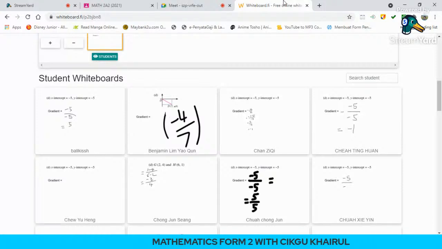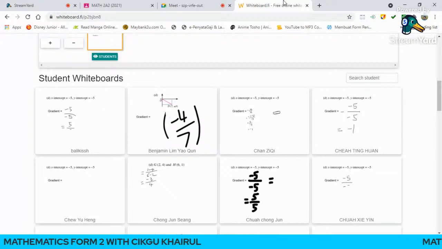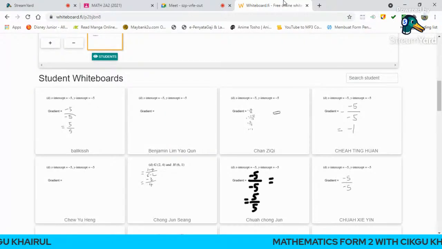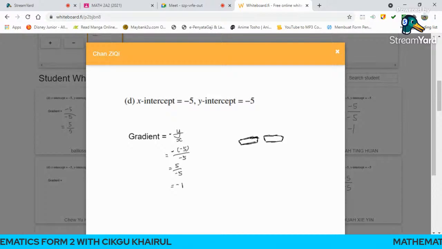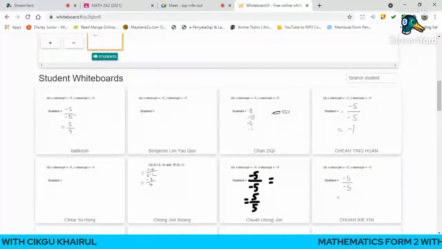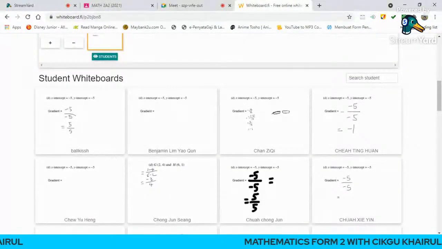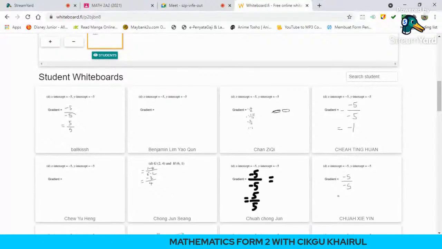I see Chia Ting Huan already wrote the answer as negative 1. Chan Ziki wrote negative 1. Balkish wrote 5 over 5.